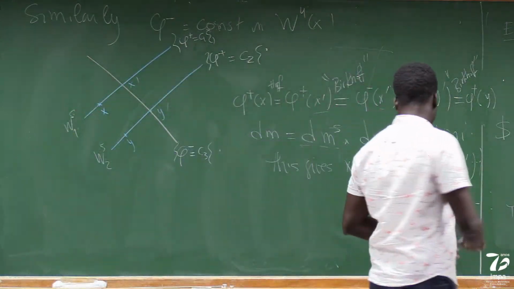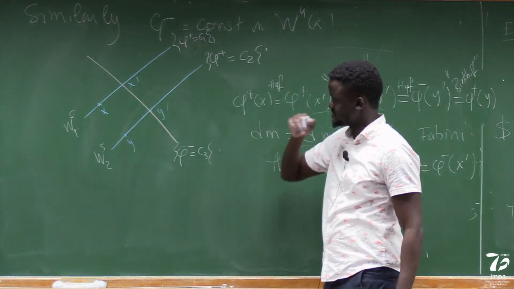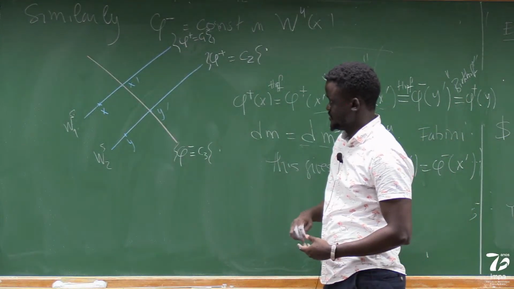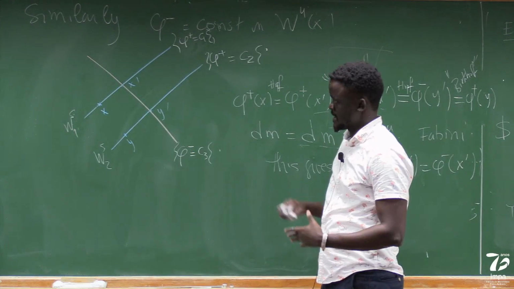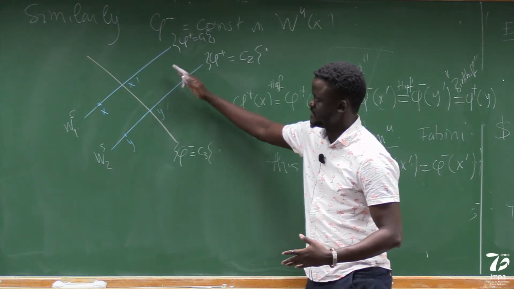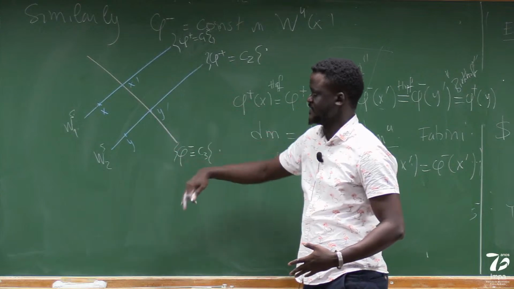To get this y prime, you use what is called absolute continuity of these unstable leaves.